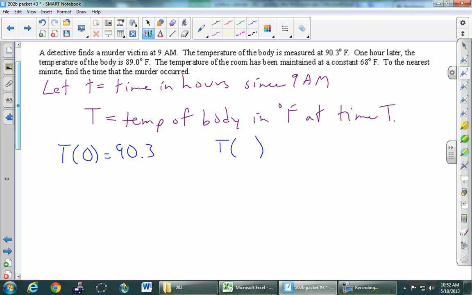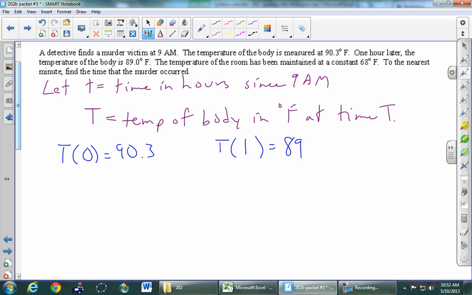And then the other time that we know about is t equals 1, because it says 1 hour later. What is the temperature? 89. So 2 givens, right? All we did is translate the info in the paragraph into our symbols. What do you know about t of x?